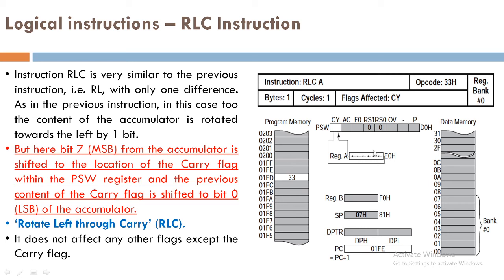This doesn't happen with simple RL. In case of the RL instruction, the rotation is only within the register content itself. It is not with the carry flag. And in this case, no other flags except the carry flag get affected.